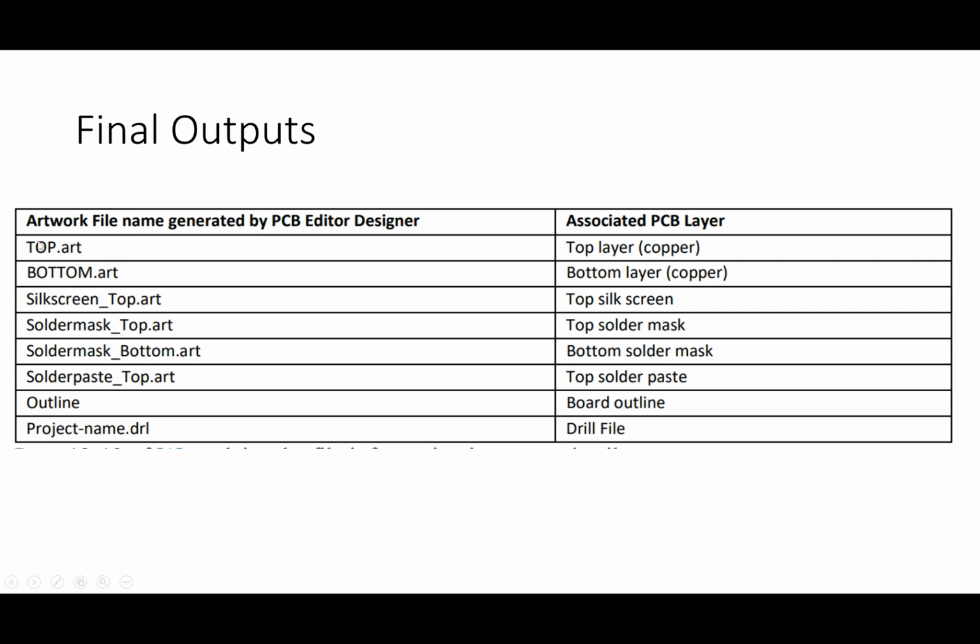So if you look at this, it says top and bottom. So these would be the top and bottom copper layers, and then you've got a silkscreen on top, the solder mask, the bottom piece here, and then some other elements that we'll talk about later.